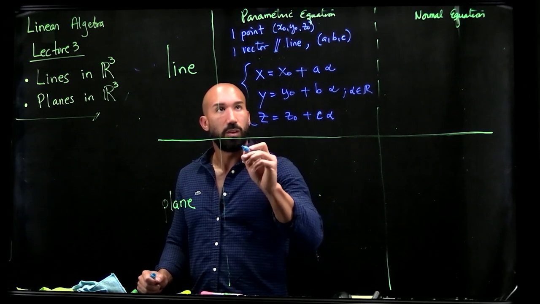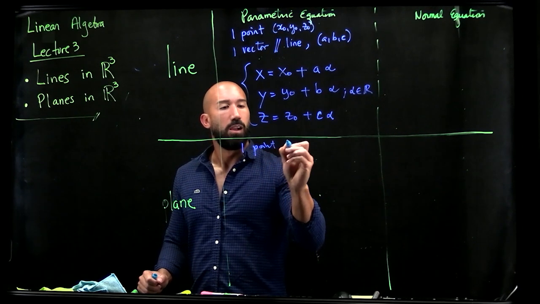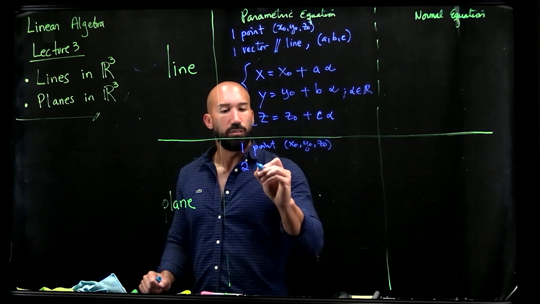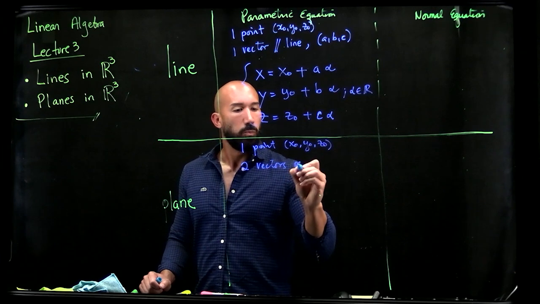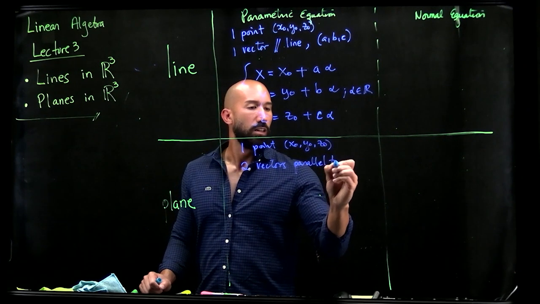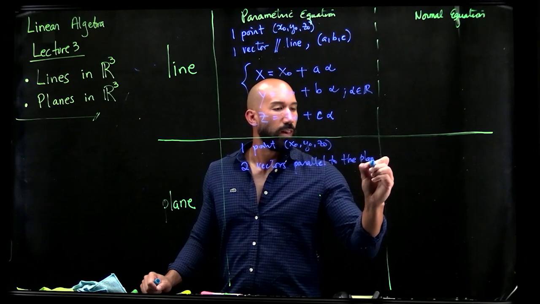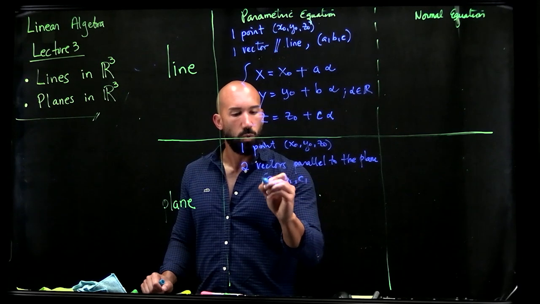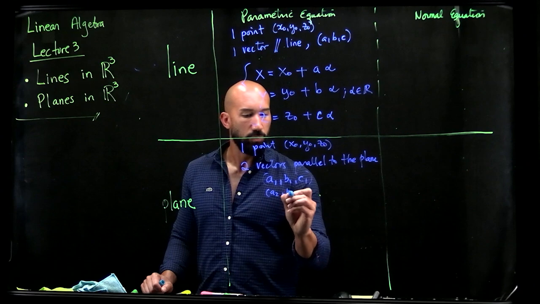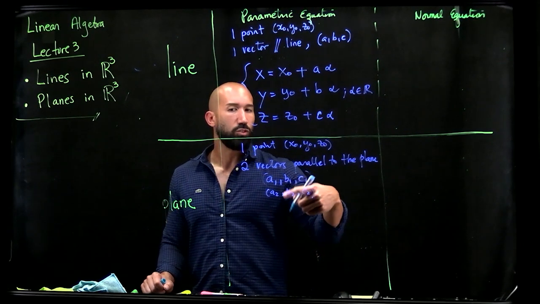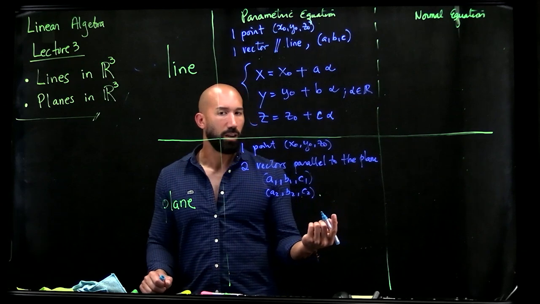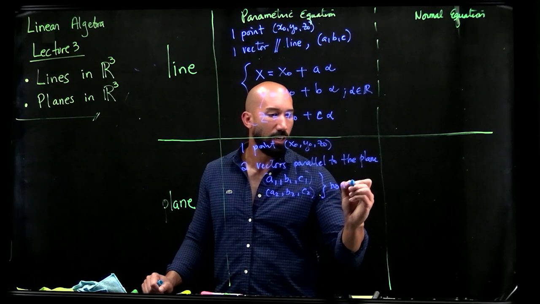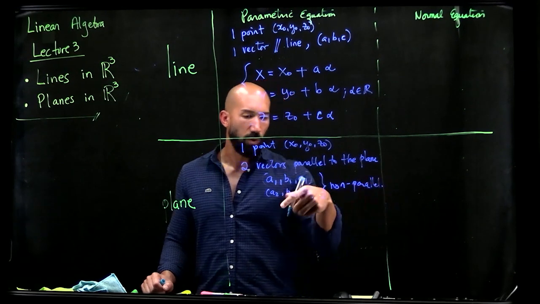And what we need? 1 point (x0, y0, z0), and 2 vectors parallel to the plane, let's see, (A1, B1, C1), (A2, B2, C2), and the vectors themselves are not parallel. Is that okay? So each of them is parallel to a plane, but they are non-parallel if we compare them.